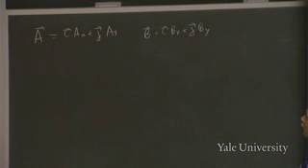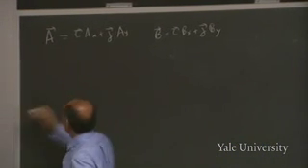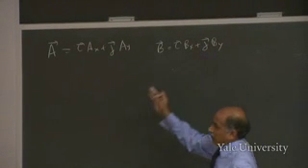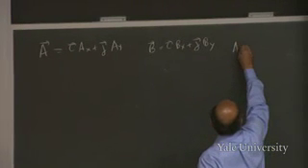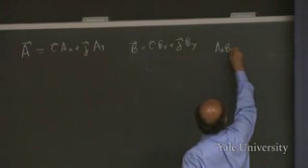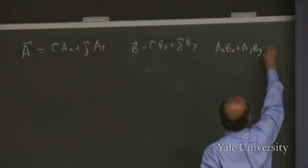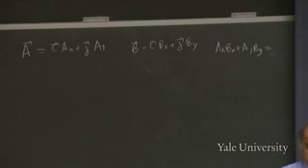Right? For example, this guy could be standing in for f, this could be standing in for v. The combination that seems to appear very naturally is the combination ax bx plus ay by. It appears too many times, so I take it seriously.